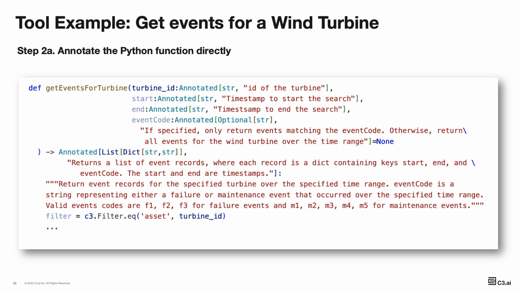Every input parameter and the result are annotated with a type and a natural language description of what that parameter means. And then there's the doc string for that function, which gives you an overview of what the function does, and other information you might give that is not really encoded in the types, like what the event codes mean. So the natural language helps the LLM understand how to call this function.